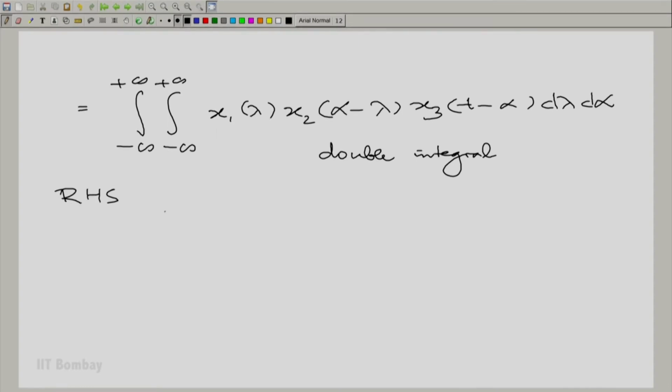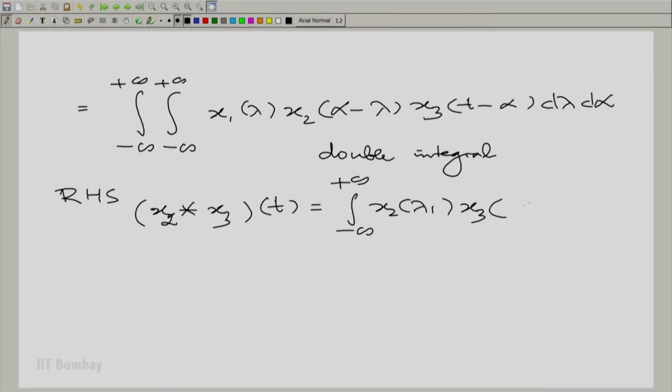The right hand side requires first an evaluation of x2 convolved with x3 at the point t, which is very easy. Let us make it lambda 1 here, just to distinguish between the previous lambda in the left hand side.